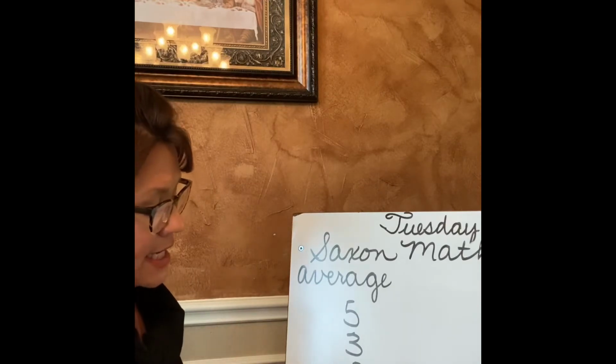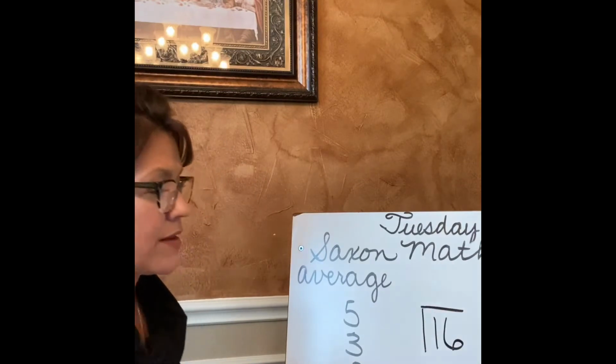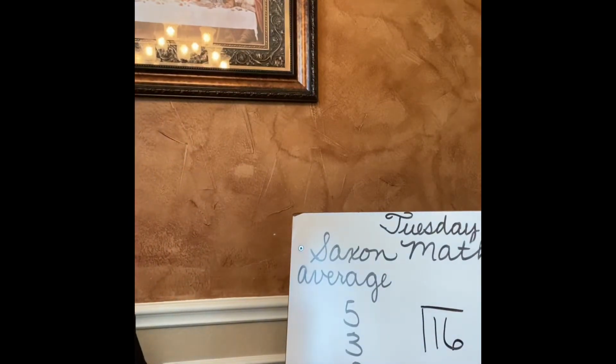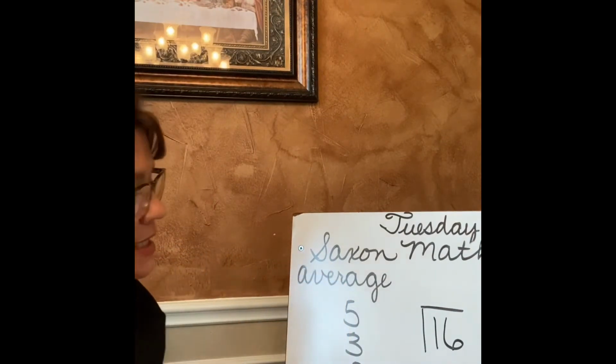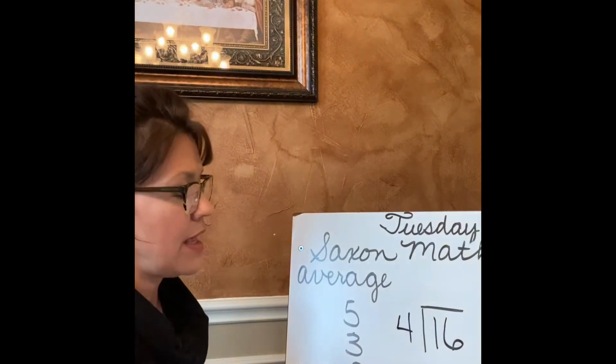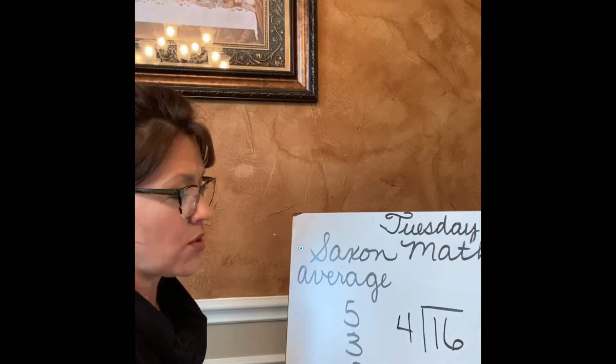We're going to take 16 and divide it by the total number of numbers that we added together. So we had 1, 2, 3, 4 numbers that we added together. Okay, and then we just do the simple division. 16 divided by 4 is 4.